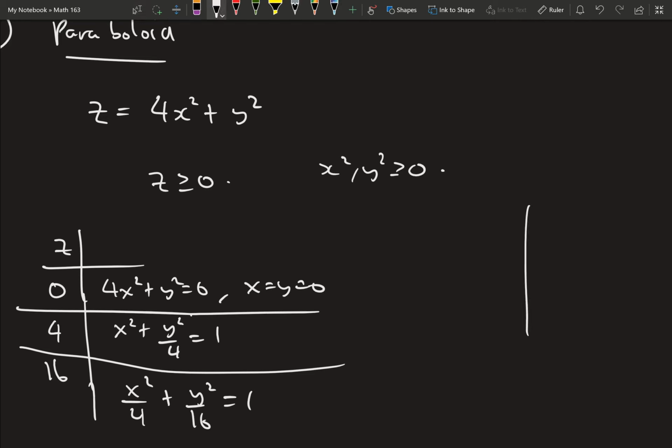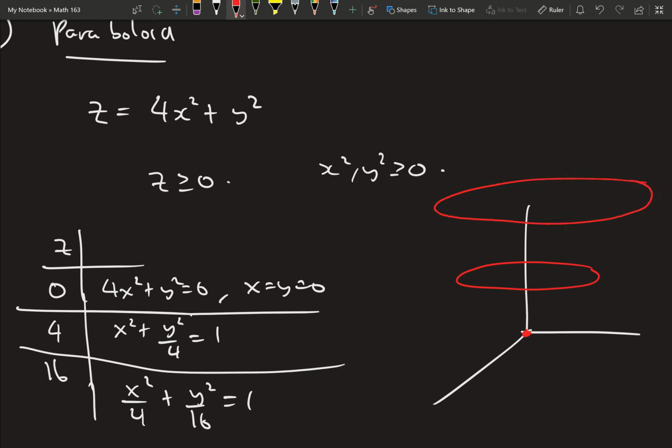So let's draw our points. At 0, we have 0, 0, 0. At 1, we have an ellipse that's stretched out a bit more in the y. And at 16, somewhere up here, we have another ellipse. How are these connected? Well, let's set x to be 0. What do we get? We get z equals y squared, which is the parabola, and hence the paraboloid.